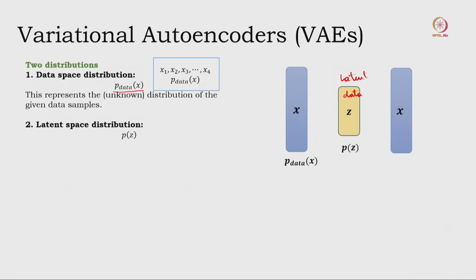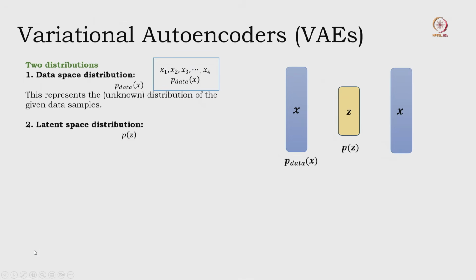That distribution we call P of Z. So, here we are denoting two distributions: P of X, which we call the data distribution, and from the input we get the latent space, which also has data. That data's distribution is P of Z. Now, these two terms you understand.